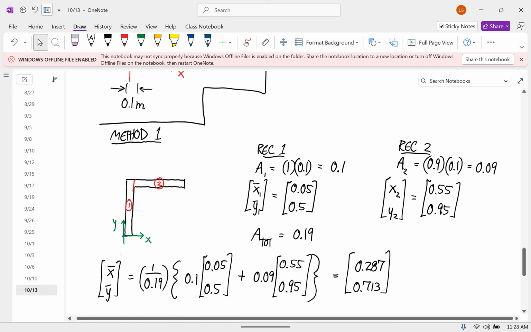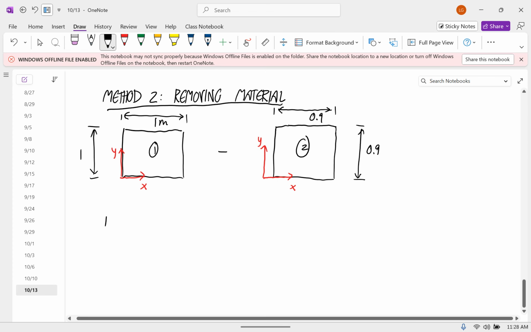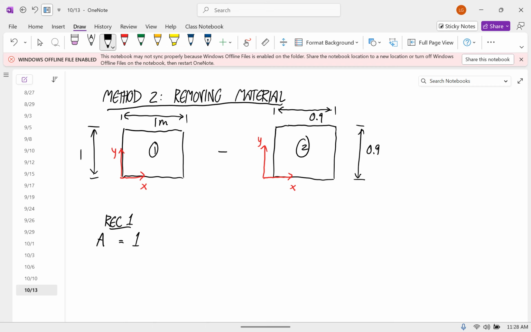So for body one, rectangle one, the area is 1. The centroid location is just 0.5, 0.5. Rectangle 2, the one we're removing, we're going to think of this as a negative area.